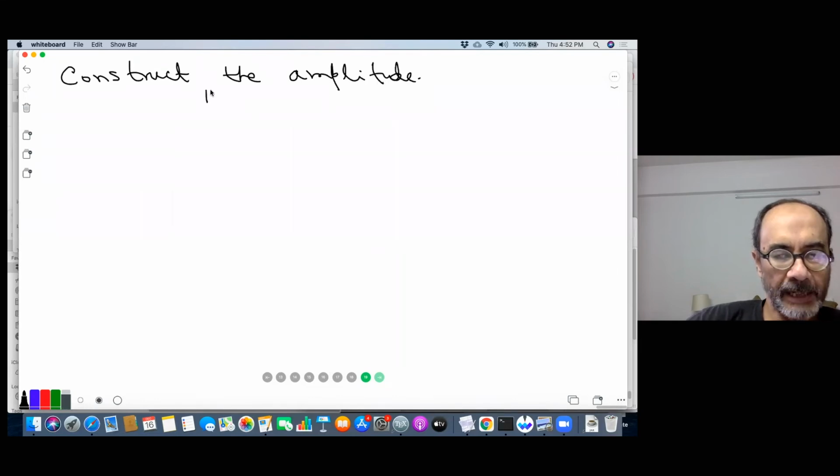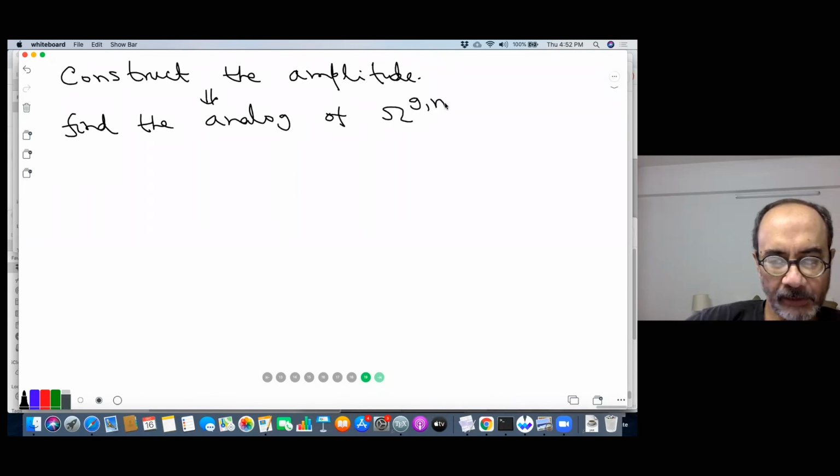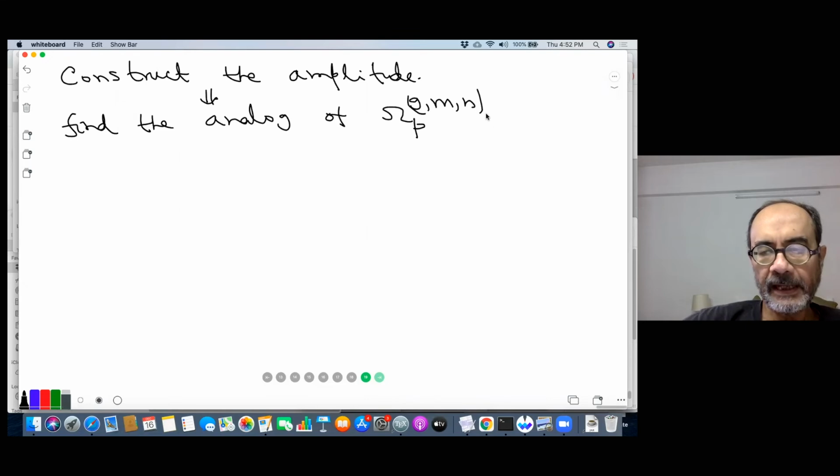To do that, we have to find the analog of this omega that we had introduced. And this will be a function of all the states.